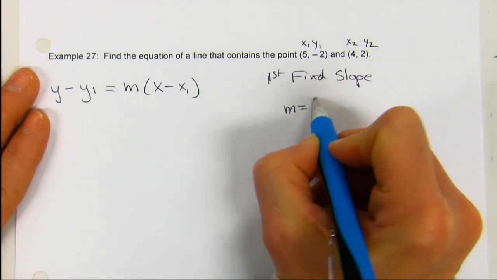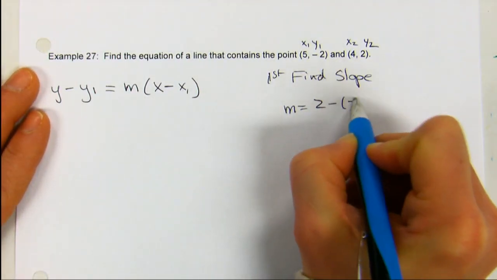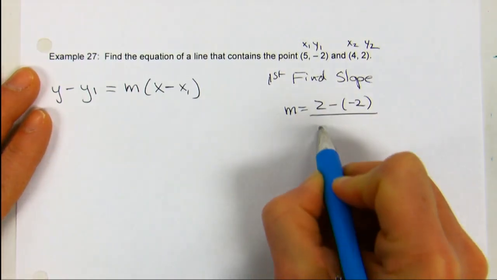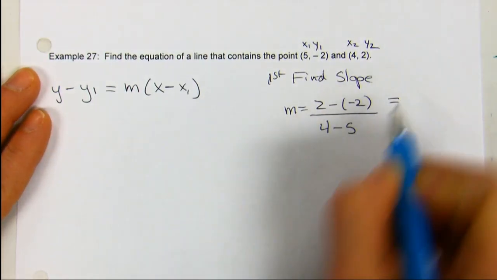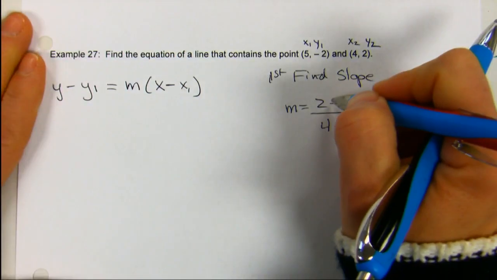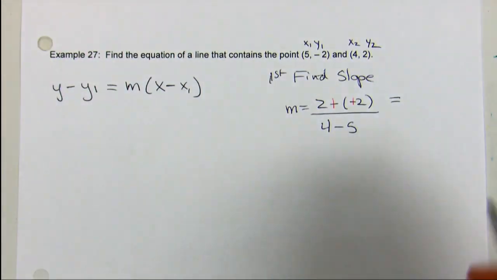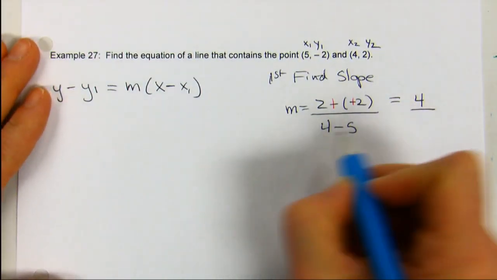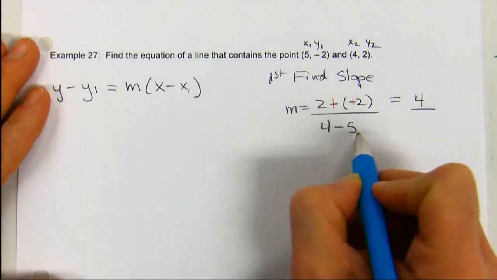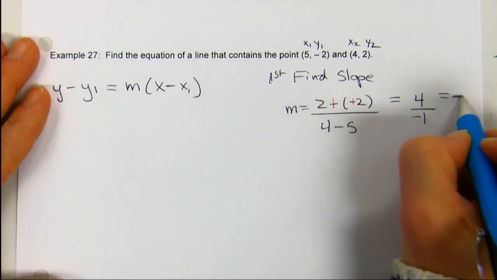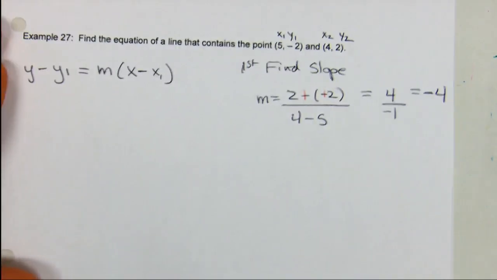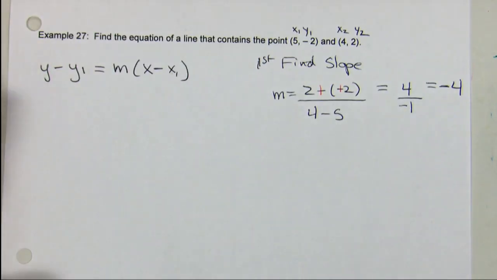We have 2 minus a -2 over 4 minus 5. So we have our double negative. Let's fix that. 2 plus 2 is 4 over 4 minus 5 is a -1. Let's clean that up. So that means the slope is really -4.